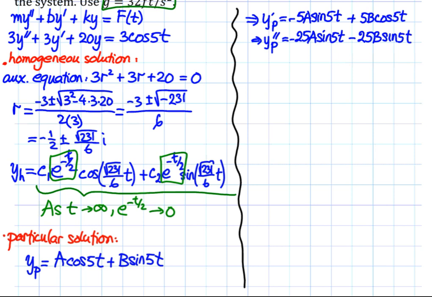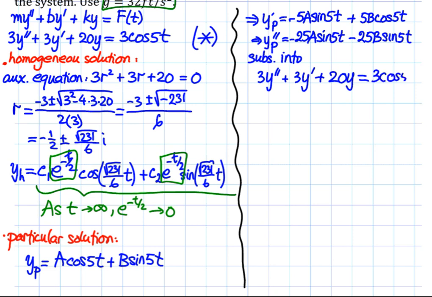All right, and we substitute this into the equation. The equation is 3 times the second derivative plus 3 times the derivative plus 20 times the function equal to 3 cosine of 5t.